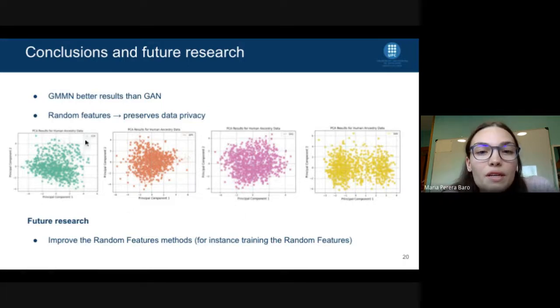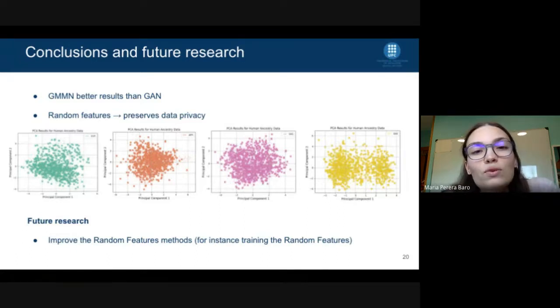And in these four images, we can see the PCAs of the generative moment matching network trained for each ancestry and with random features. And we can see that the generated data is very similar to the real one, so the generated data has a very good quality.